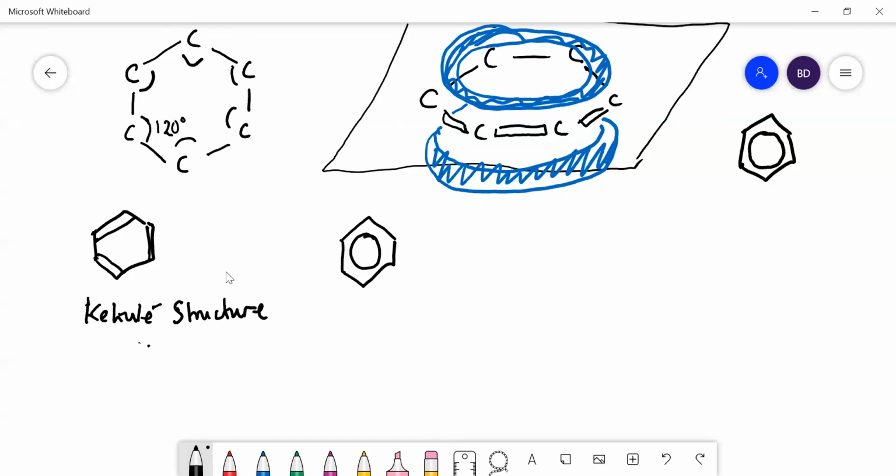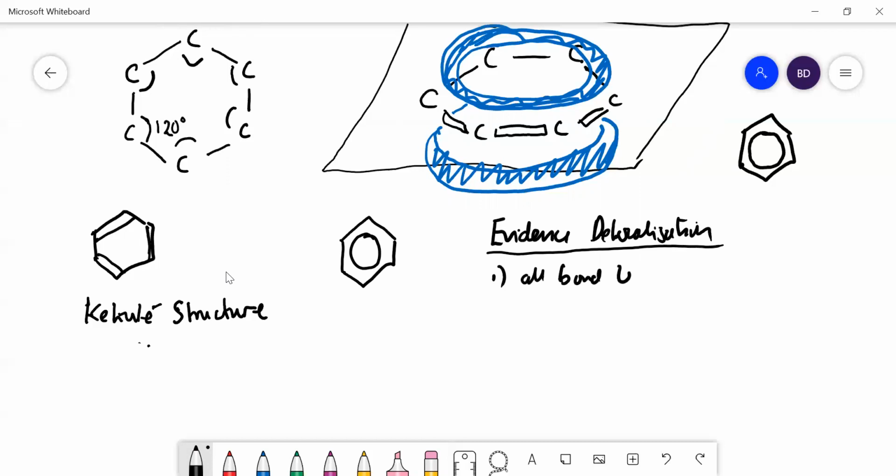Now, there's various evidences, so we'll talk about evidence of the delocalization. So one, all the bond lengths are the same. In benzene, they're all the same length.